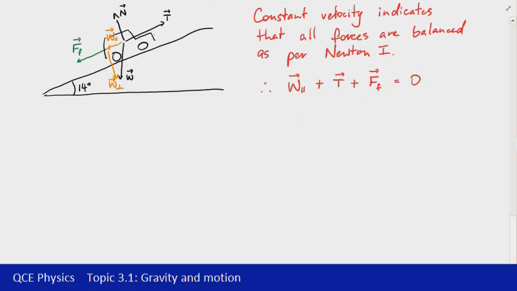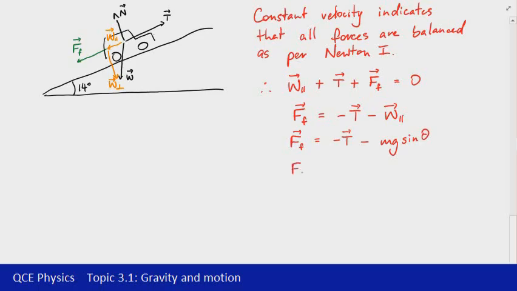We know that then if we rearrange that, we're going to find that the frictional force is going to be equal to negative T minus W. So that's literally just the algebra taking those two terms across to the other side. We can then make some substitutions even further here. So the frictional force will be equal to negative T minus mg sine theta. So finding that parallel component.